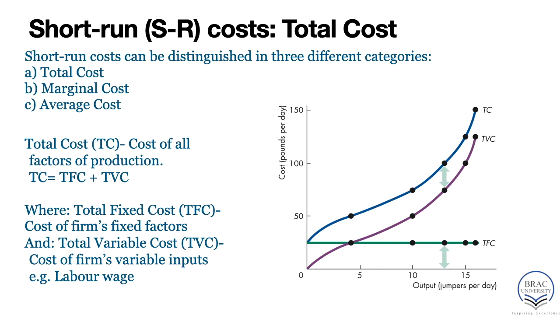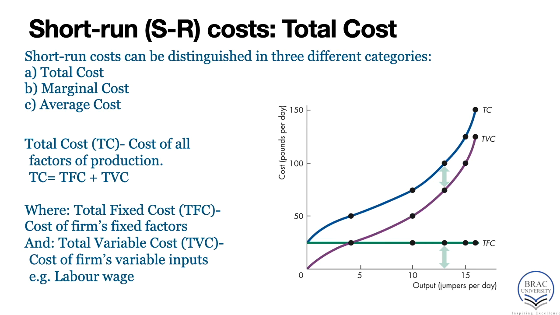We can divide total cost into two categories, total fixed cost and total variable cost, where simply put, total fixed cost, in short TFC, is the cost of the firm's fixed inputs, for example, say machines and etc., and total variable cost, in short TVC, is the cost of the firm's variable inputs, where labor is a perfect example of a variable input.